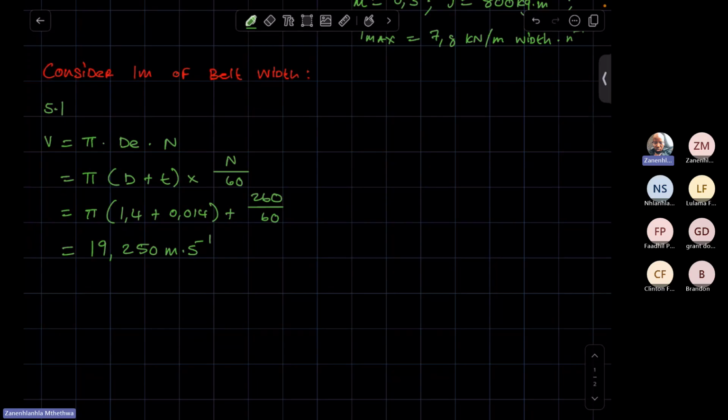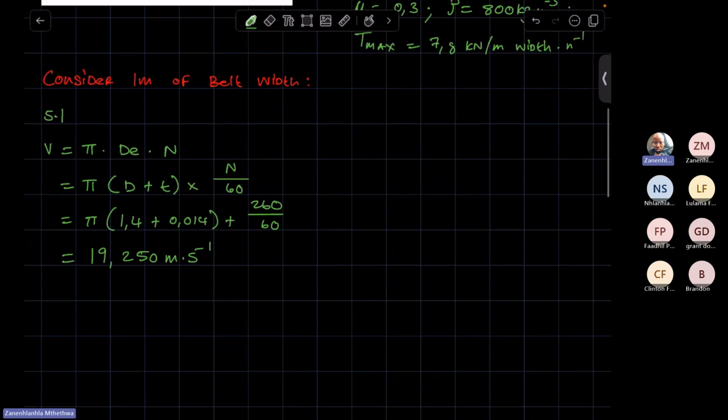Anything less than 12, you do not necessarily consider the centrifugal tension. So 19,250 is obviously bigger than 12 meters per second. So that means we are going to consider centrifugal tension.